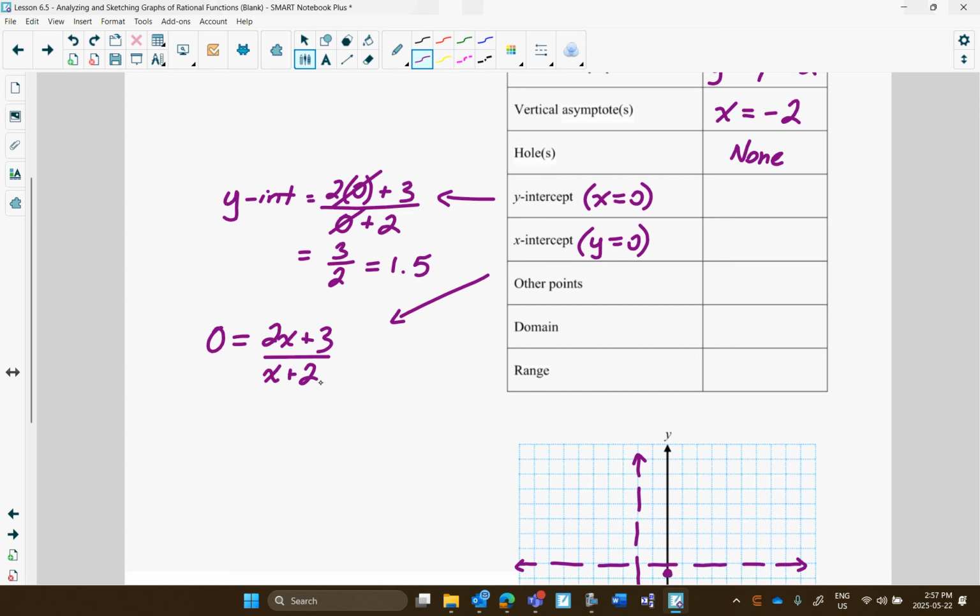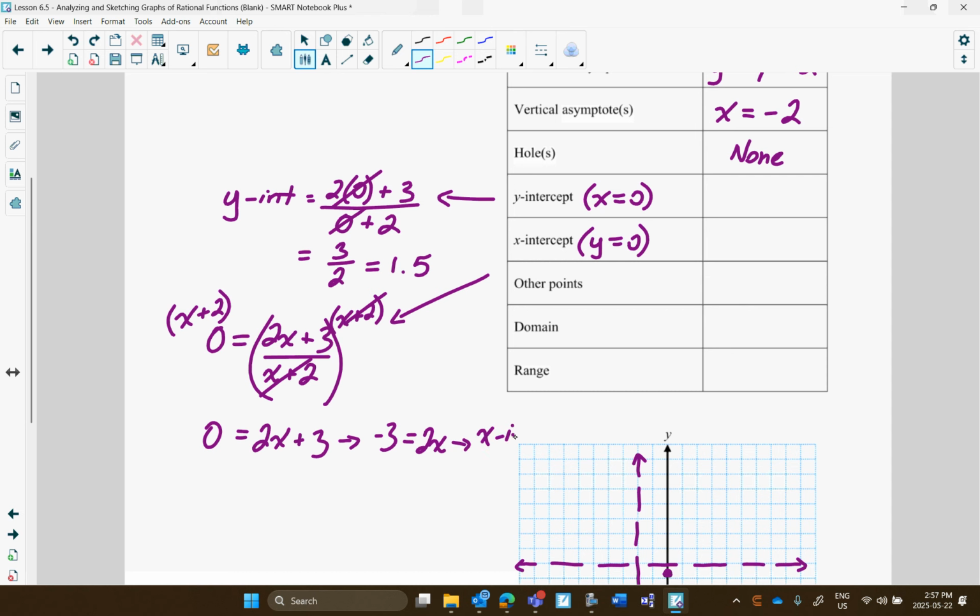Times both sides by x plus 2 to get rid of the fraction. And what's 0 times x plus 2? Still 0. So 0 equals 2x plus 3. Therefore, negative 3 is equal to 2x. And therefore, the x-intercept is equal to negative 3 over 2, or negative 1.5.